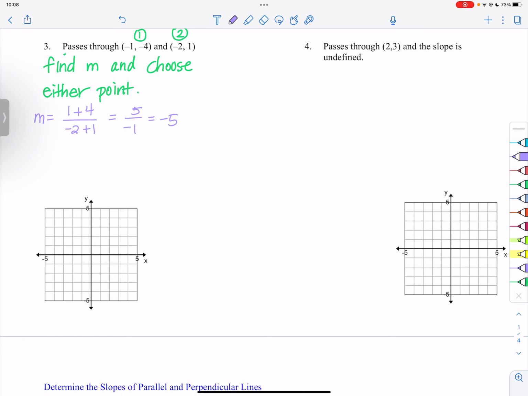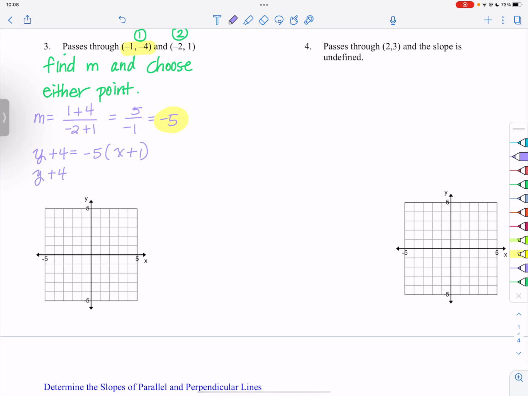Now that we have a slope and we have a point, and you can choose either point, I'll just go ahead and choose this first one. We will have y minus negative 4 equals negative 5 times x minus negative 1.